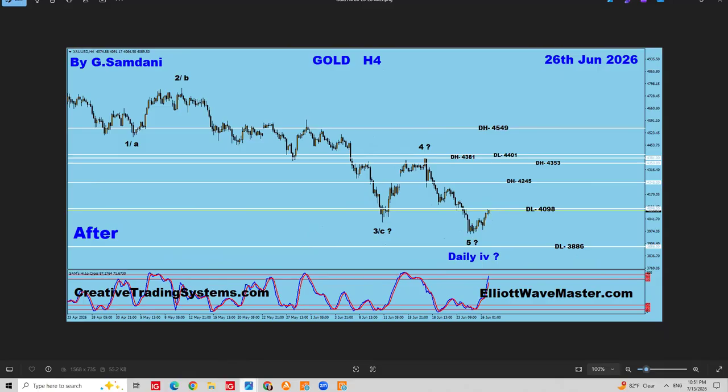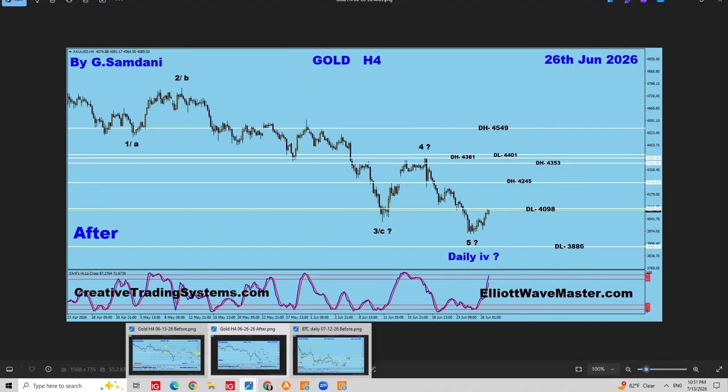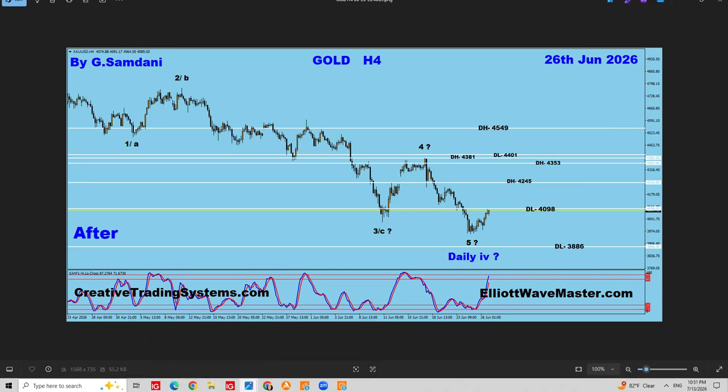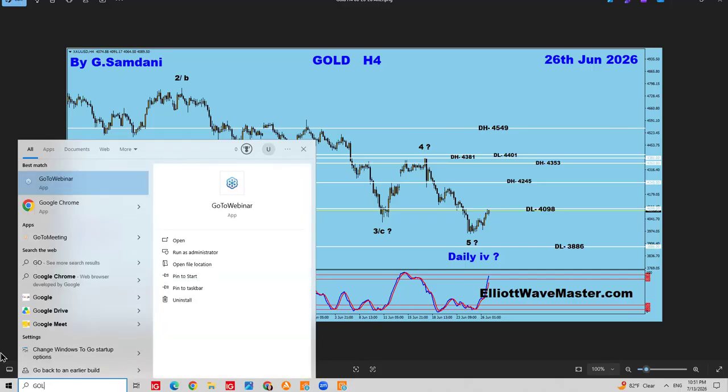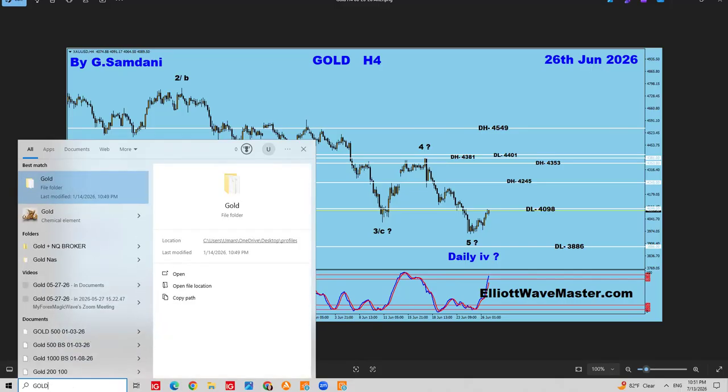So I made another chart, but somehow it got closed or something. Let me just open and see if I can find it really quick.